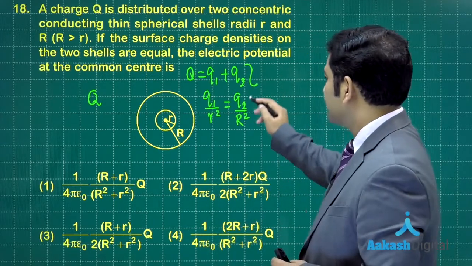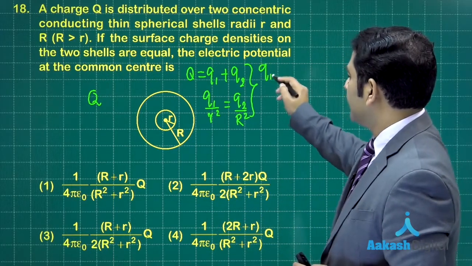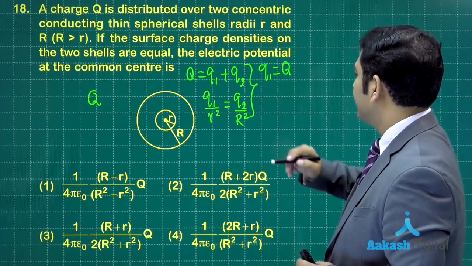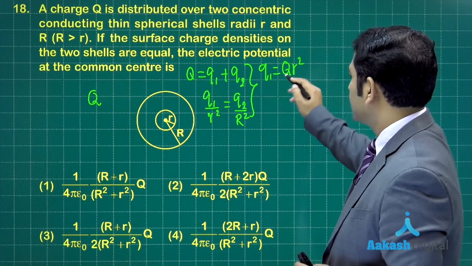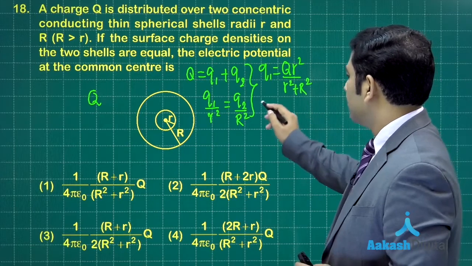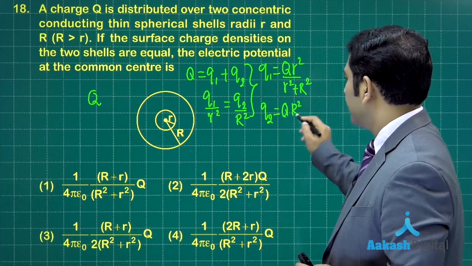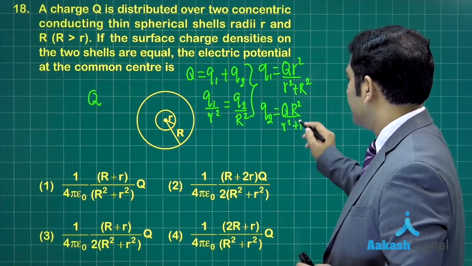And if I solve these equations, I will get the value of Q1 as capital Q into small r square by r square plus capital R square. Likewise, Q2 would be Q into capital R square by r square plus capital R square.